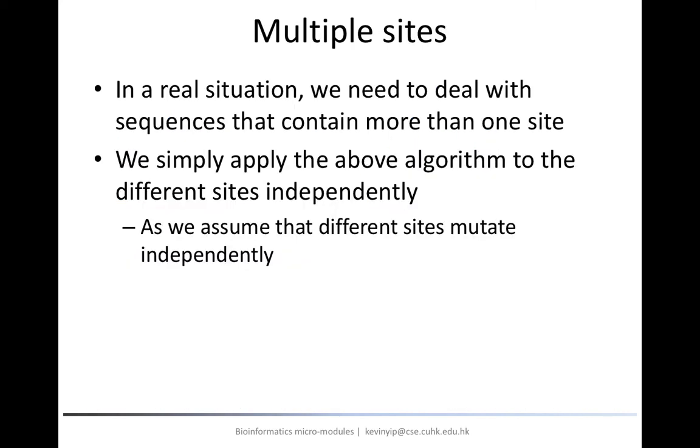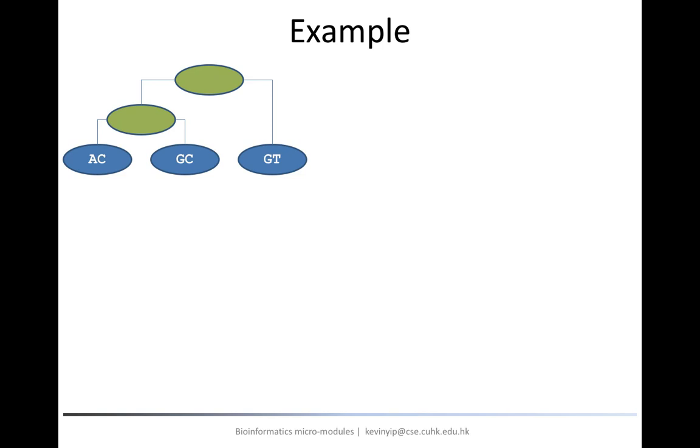Before ending, let's go back to the issue of having multiple sites. If we assume the input sequences are all aligned and the different sites are independent, what we need to do is simply running the algorithm for each site one by one, and then considering all their combinations. For example, consider a tree with 3 leaf nodes, each with 2 nucleotides.